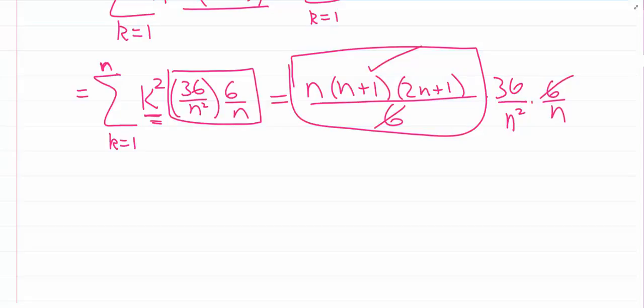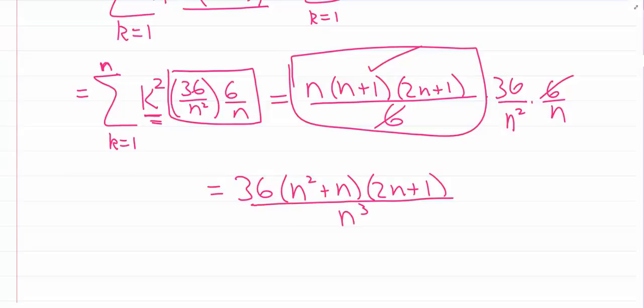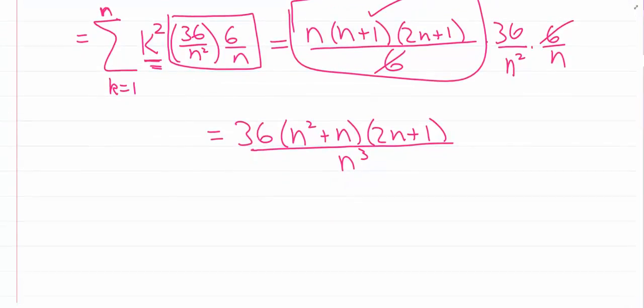And now, here's what I want to do. I want to multiply out the top. I've got 36 here, but let me multiply out the top. I've got n squared plus n times 2n plus 1 over n cubed. Does everybody see that? Now I'm going to multiply that out.